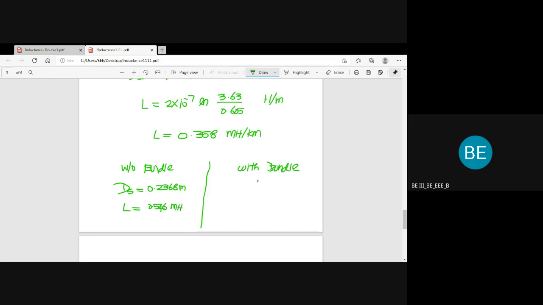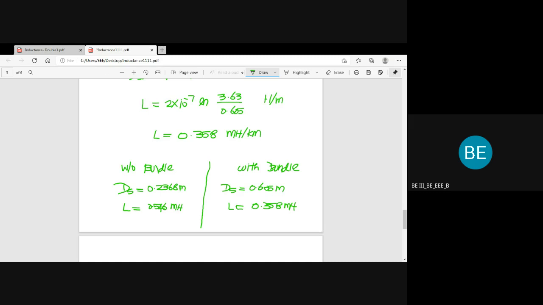Suppose if we are having bundled conductor arrangement, so the DS value will be 0.605 meter. So the inductance value will be 0.358 millihenry.